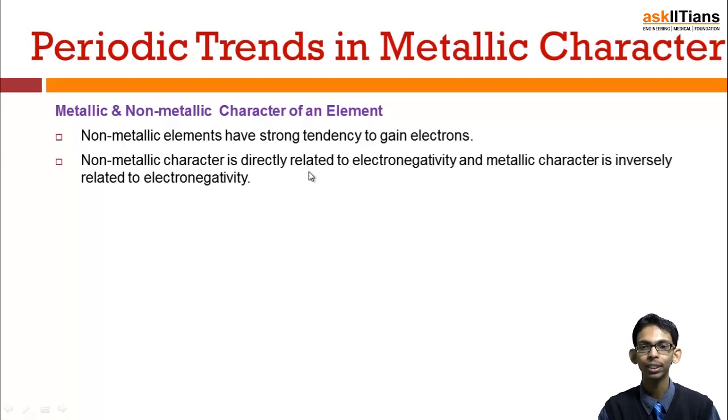Smaller size means greater affinity for electrons. So non-metallic character is directly related to electronegativity, and metallic character is inversely related to electronegativity. We can also say that metallic character is directly dependent on size, and is inversely proportional to non-metallic character.